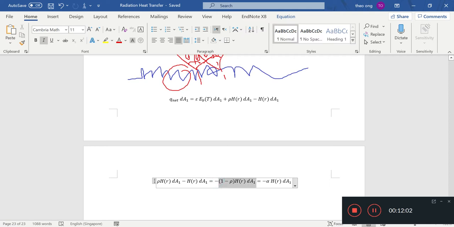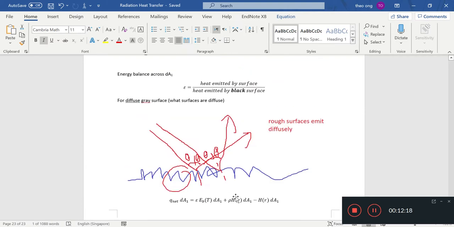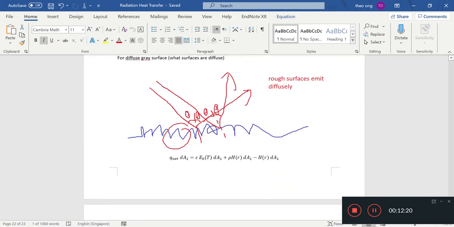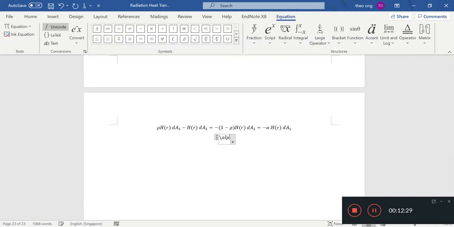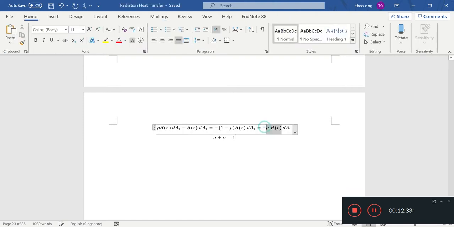The net amount being absorbed is equal to 1 minus reflectivity times the amount of incident radiation. And if we take into account that radiation on this opaque surface is either reflected or absorbed, we will note that alpha plus rho equals 1. So that's how we get this expression here.